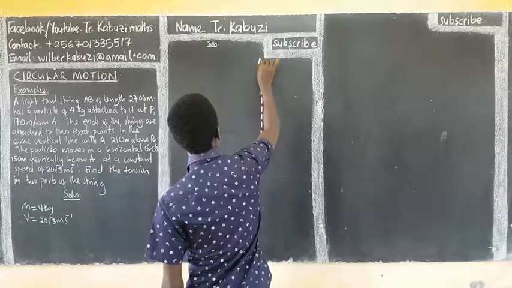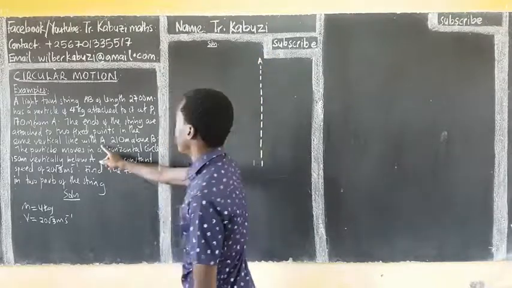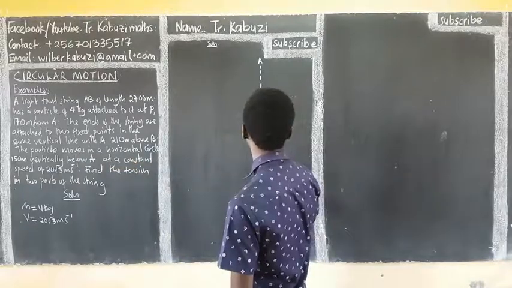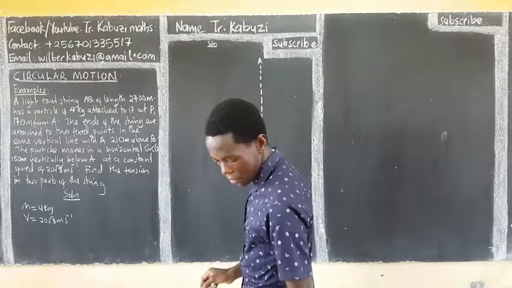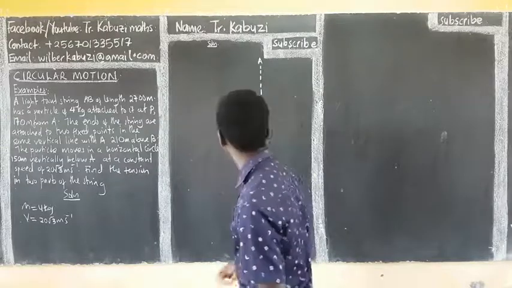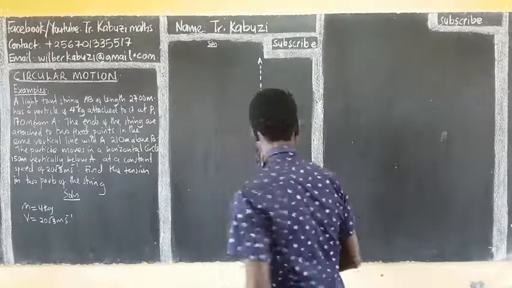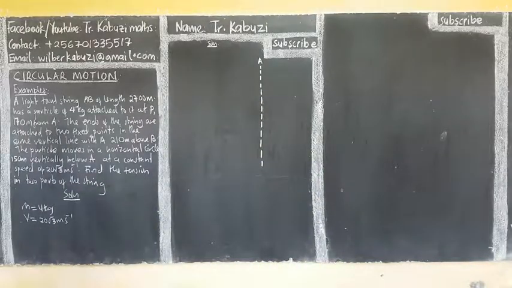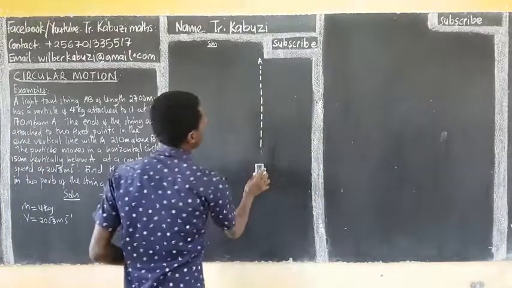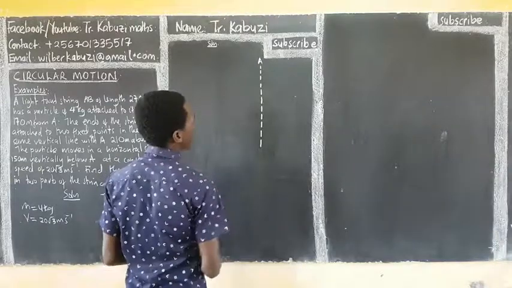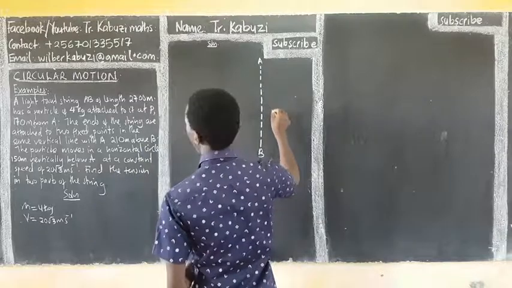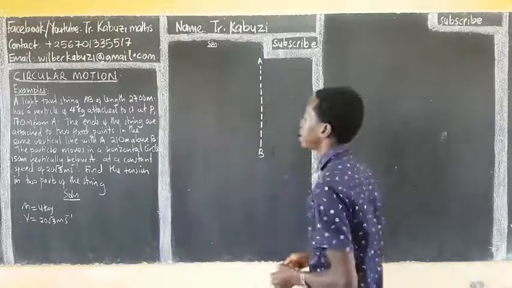If this is our A, they are telling us that A is 200 meters above B. So this is going to be our B. Let me reduce it so that it's not too long. From here up to here, we have 200 meters.